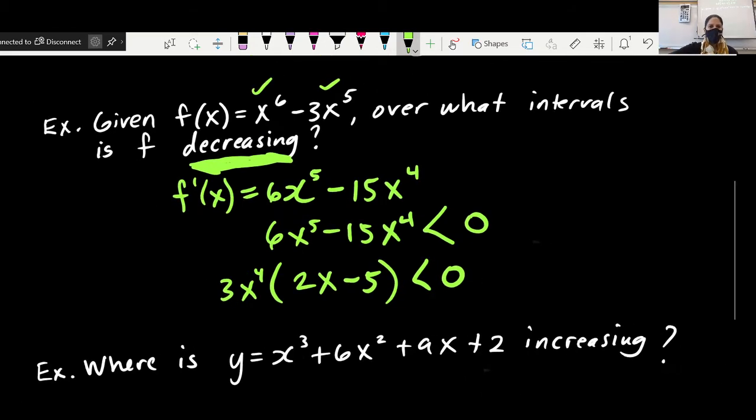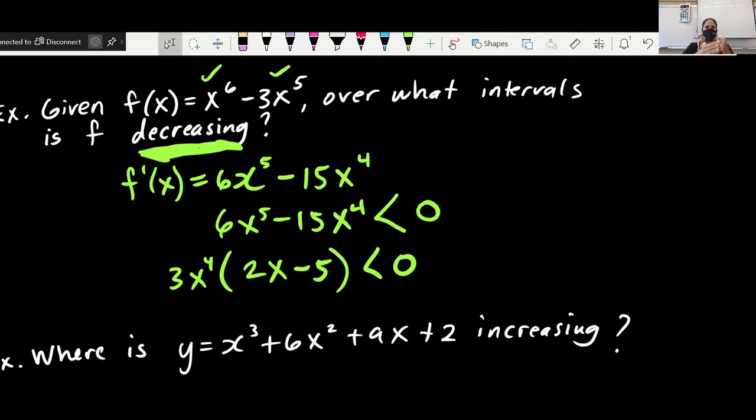Okay, so in order to make sense of this, if I want the whole thing to be less than 0, do you see that I have this multiplied by this, and the whole thing has to be less than 0? So I can sort of split this up into different sections.